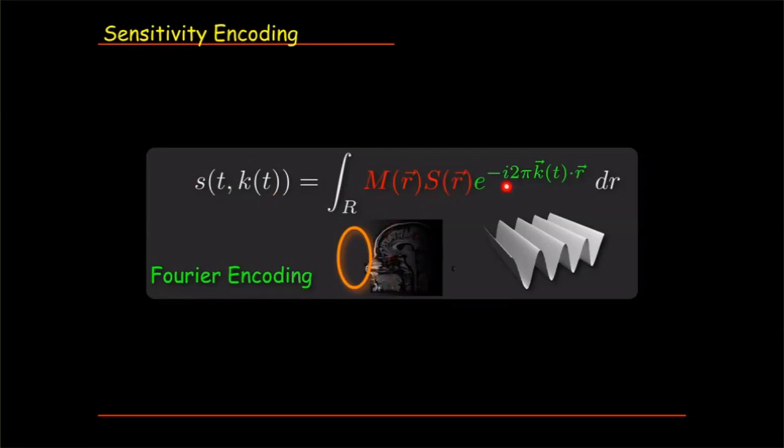I do Fourier encoding. These are the encoding functions that I use. This is, for example, one complex harmonic that I use, right? And you use different functions in order to encode this. Then the idea is that once you take an inner product with those, as you make many, many measurements, you're able to resolve this image.